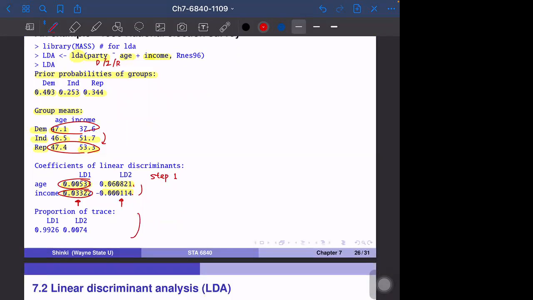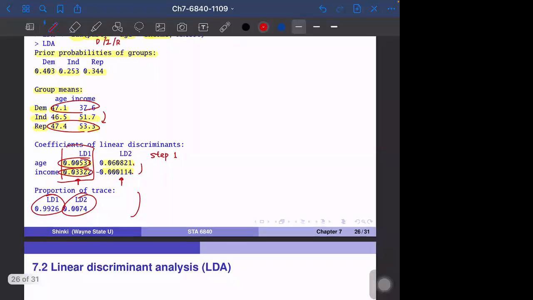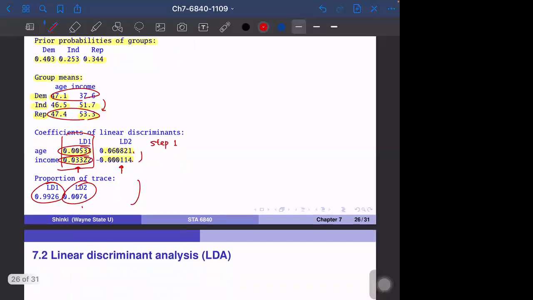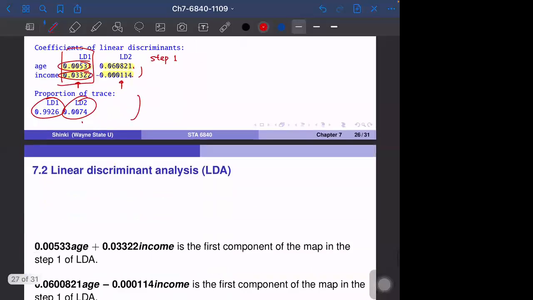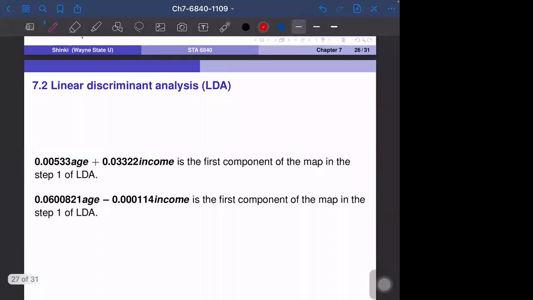And the proportion of trace basically explains how much information the first transformed component has, and how much information the second component has. In this case, the first component has most information. That is natural, except for a very complicated classification problem.